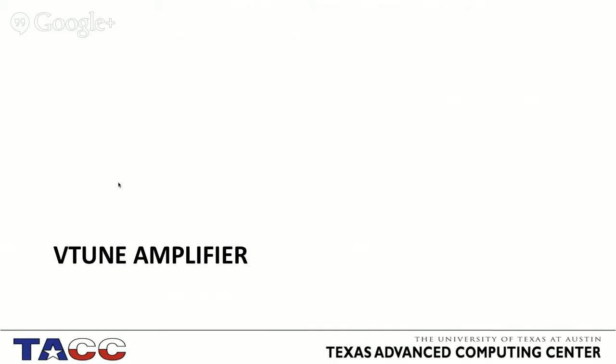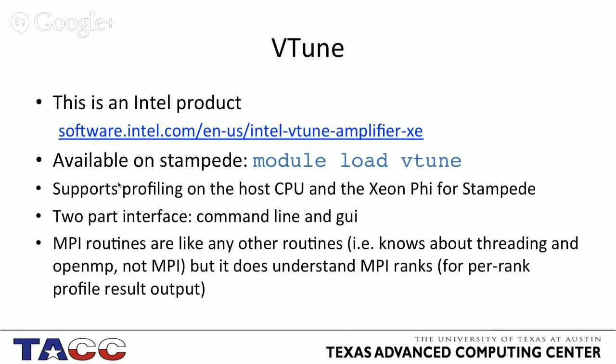All these guys are more complicated to use than the other tools I've described, and I think of all of these, HPC toolkit is the simplest. Now, VTune is not particularly hard to use either. We have it available in Stampede, and the advantage it has over HPC toolkit is that if you're using the MICs, you can also do profiling on the MIC through VTune.